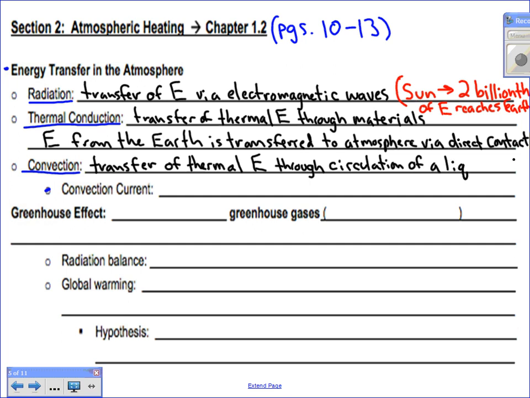It's important that this occurs in a liquid or gas. So this does happen in our atmosphere, okay? We can see convection currents that are able to drive weather.